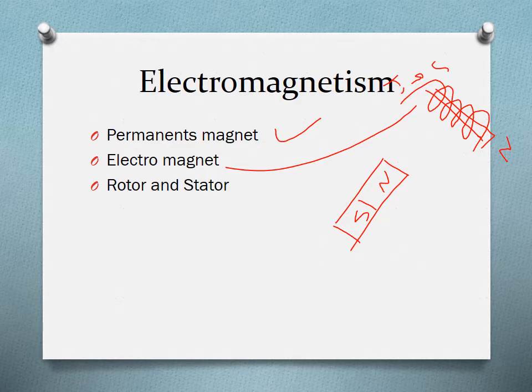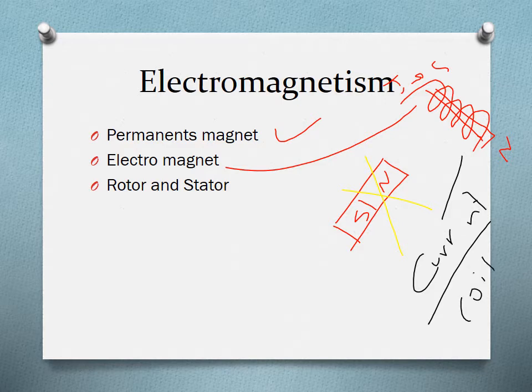For our kind of motors, we don't use permanent magnets anymore because they are not as reliable and they don't have enough power. With an electromagnet we can control the power. There are two things that control the power of an electromagnet, and hopefully you remember, it's the current and the coil.